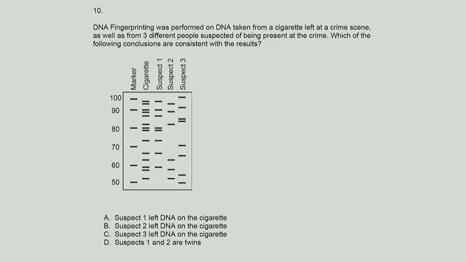What regions of DNA? It's the SSRs, right? So all the short sequence repeats or the simple sequence repeats, whatever you want to call them. The ones that are chosen for amplification on the cigarette, right? What am I amplifying in lane 1?